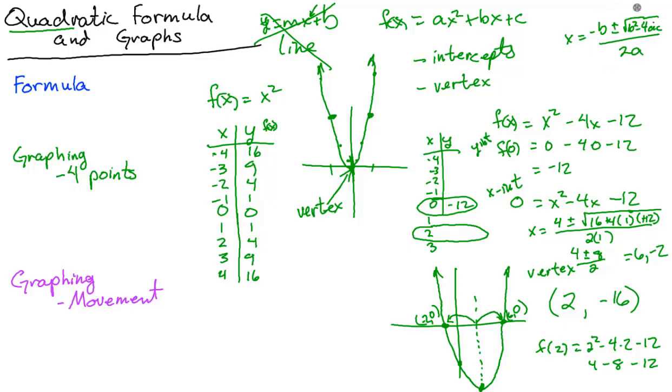These will be the x-intercepts when you stick 0 in right over here. When you average these two numbers, you will always get this right here. That's exactly right. You can skip all the way to finding the vertex by just doing -b over 2a.